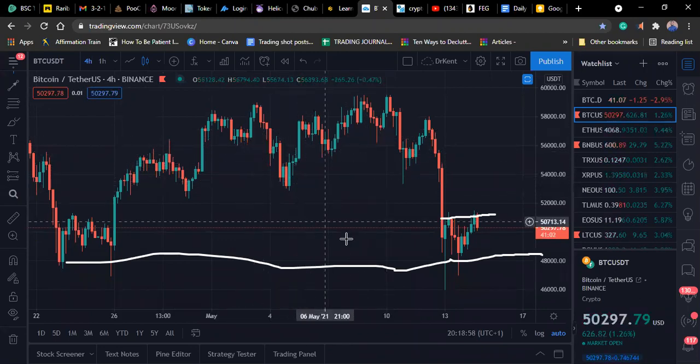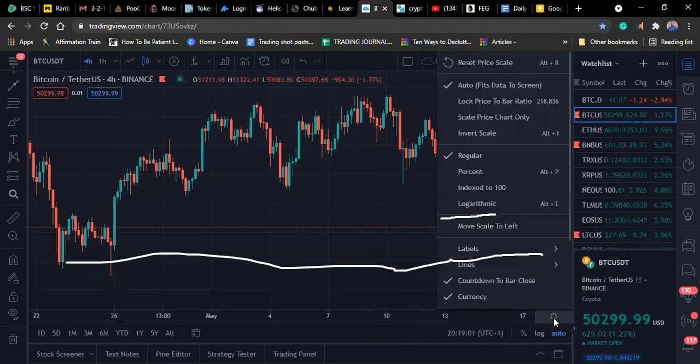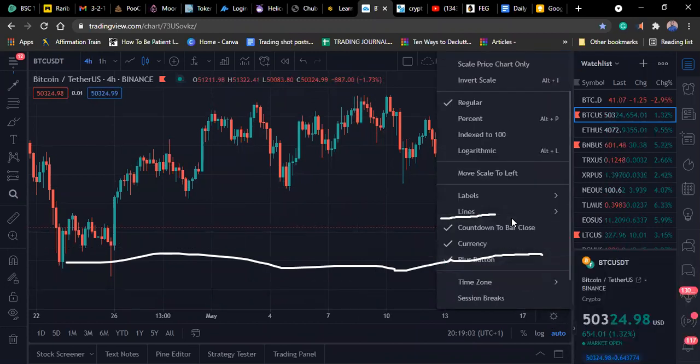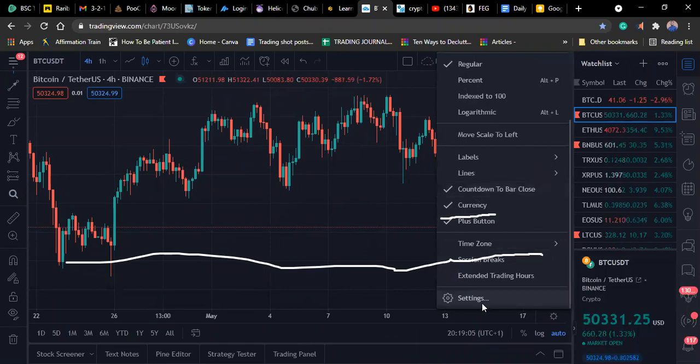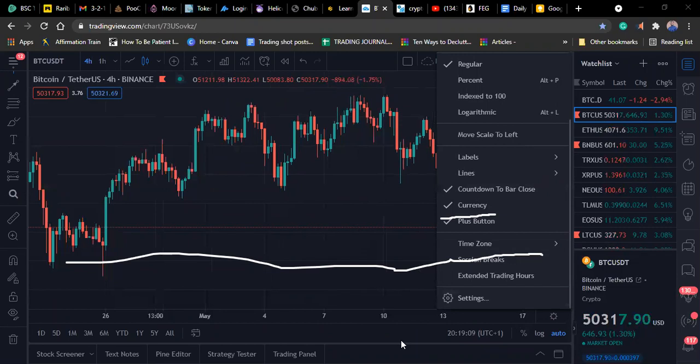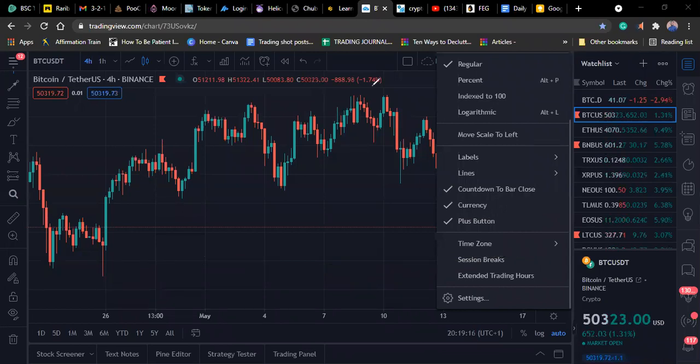To customize this, you can go to settings. This button here will show you, click on that, then you click on these settings, it brings this up. You can just play with these things and see what they do.